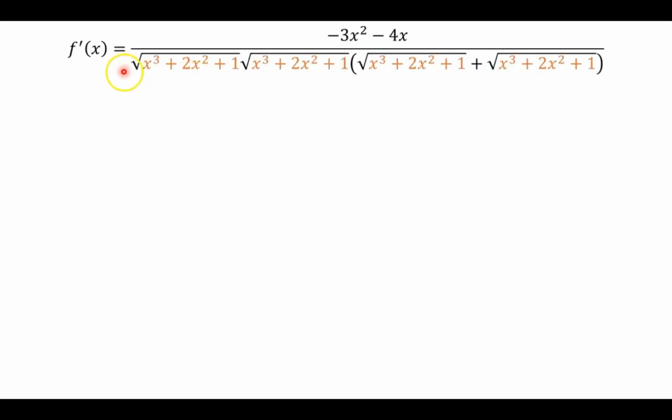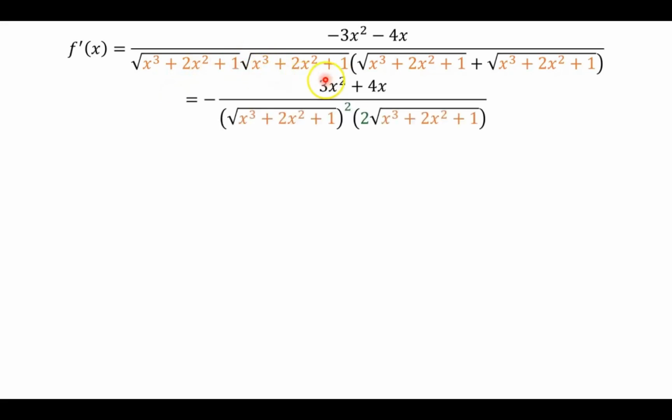And this is our f prime of x from our last slide. I highlighted this in orange so you can see that these two square roots are basically the same, so you can put them in a square. And these two things are also the same, and when two of the same things are added together, this gives you twice that thing.